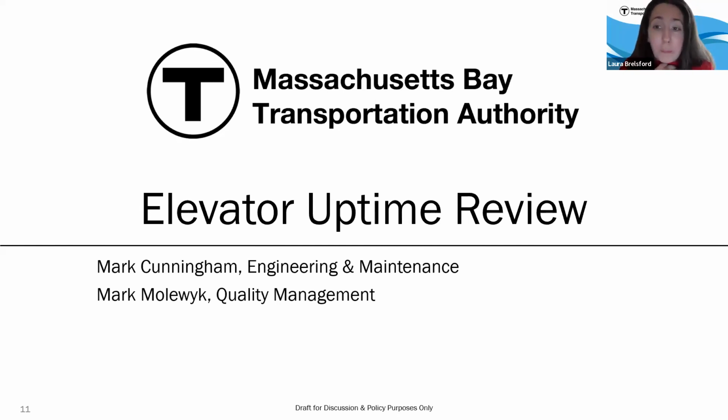That working group has been focused on understanding the issue and developing a corrective action plan. And today you're going to be hearing from Mark Cunningham from our engineering and maintenance department, as well as Mark Bolwick from the quality management branch of our chief engineer's office, who will be sharing some of those findings and recommendations that have come out of that group. With that, Mark, I am turning it over to you.